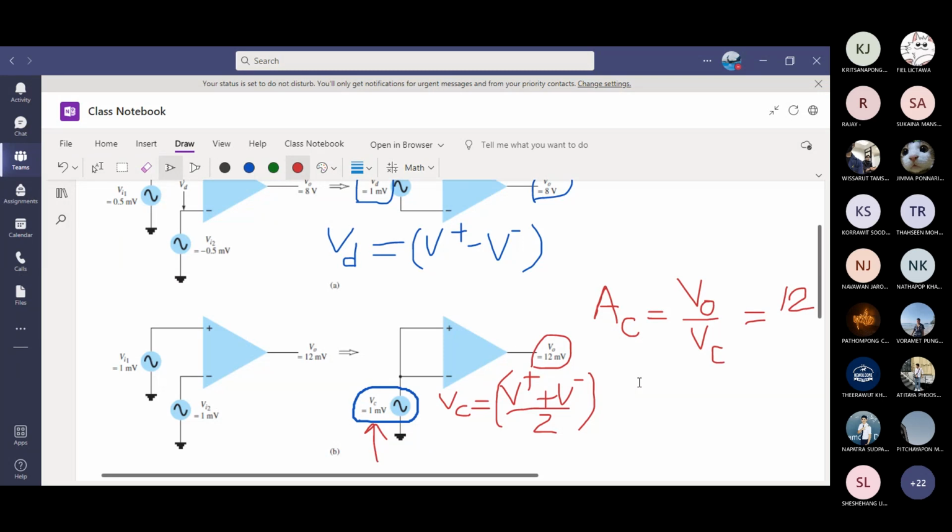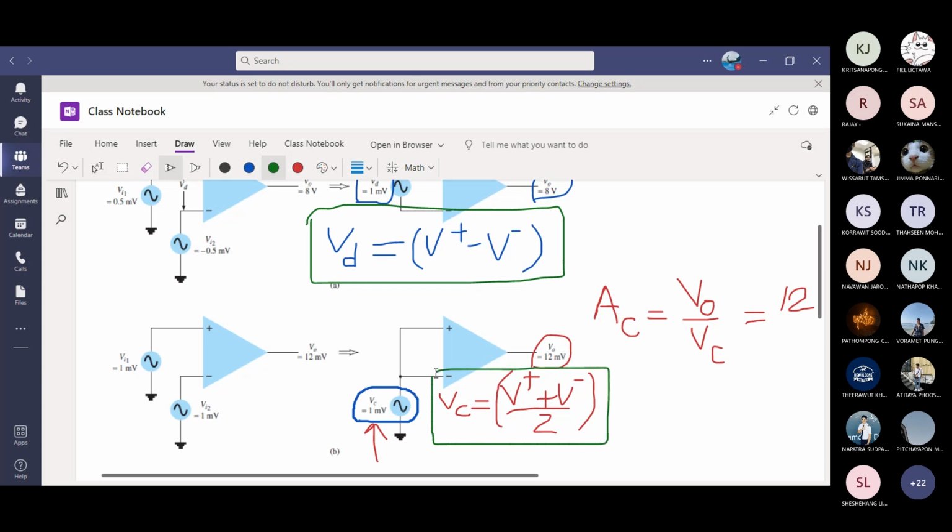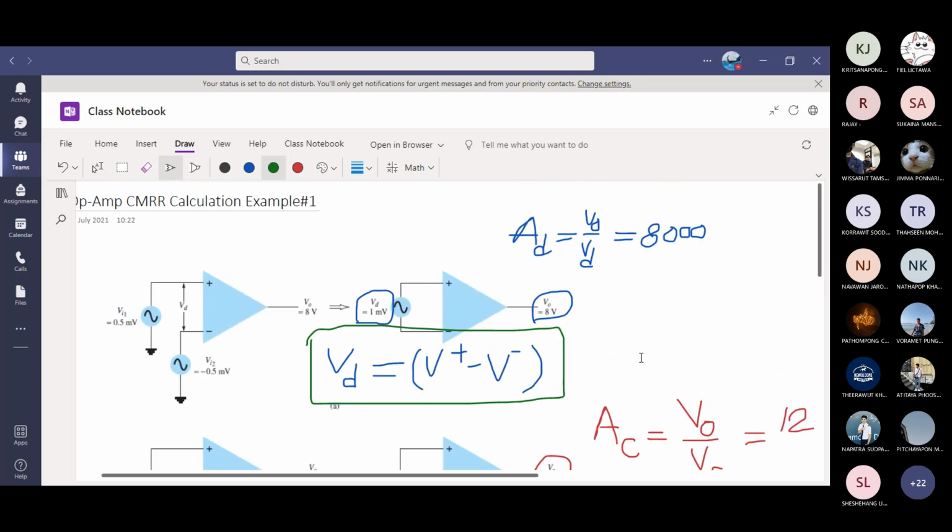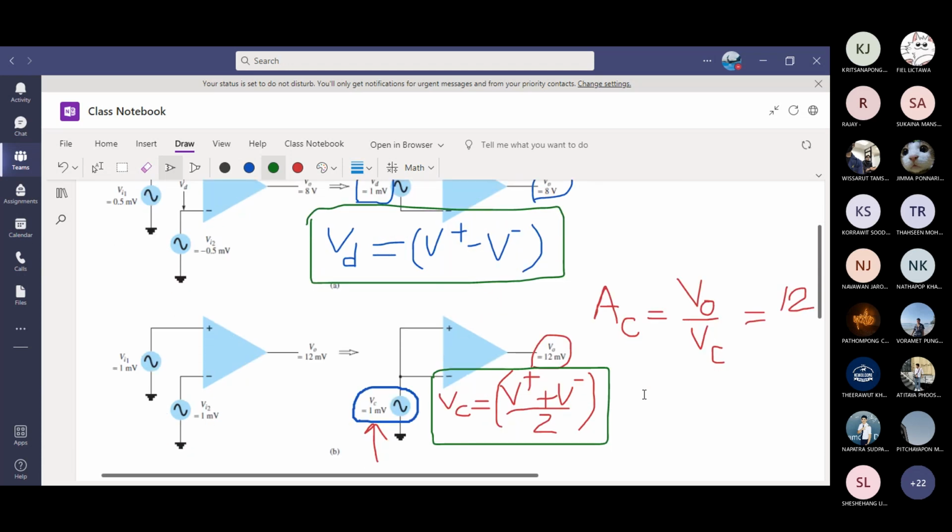It's not the same. That's why you cannot write 8. The formula for differential voltage is this, VD. The formula for common mode voltage is this. They are not the same. So you cannot just say from 8,000 it becomes 8. No way.